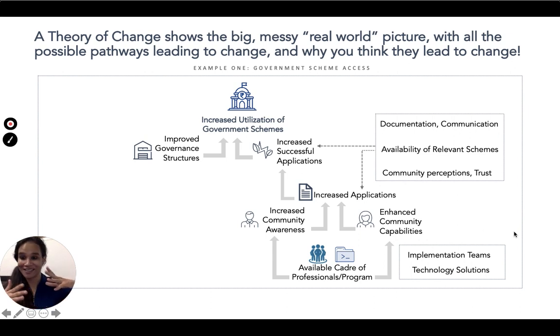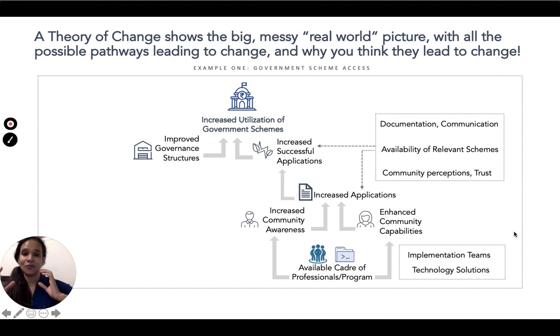Sometimes it's great in the boardroom, but when you actually take it down and practically apply these things, a lot of challenges can surface. And of course, the capabilities of your implementation teams. What is their knowledge level? How do they interact with people?